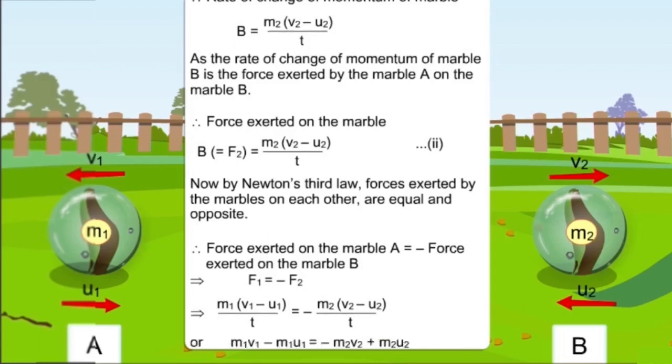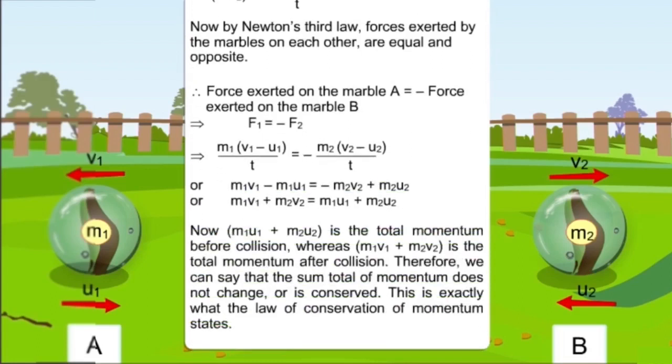Now the force exerted on marble A, which was equal to the force exerted on marble B, after cancelling out the t, we can equate as m1 v1 minus m1 u1, by opening the brackets, will be equal to minus m2 v2, and minus and minus sign will become plus and it will become m2 u2. Therefore, we can say that m1 v1 plus m2 v2 is equal to m1 u1 plus m2 u2.